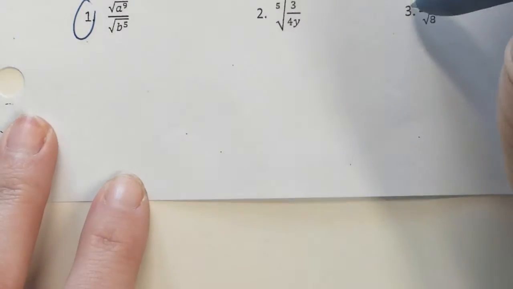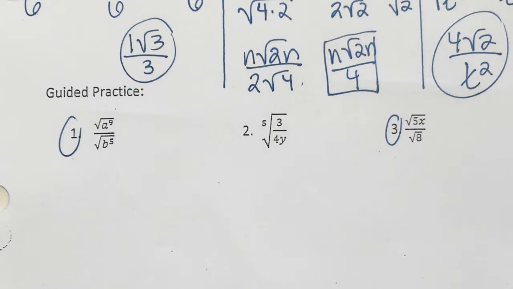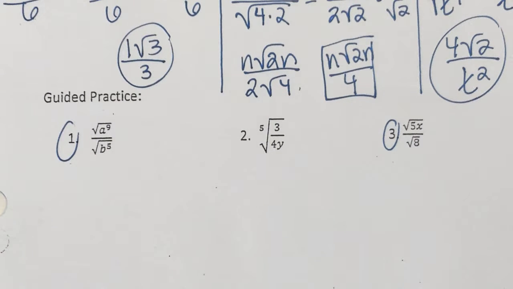Then try just 1 and 3 on your own, under guided practice, just 1 and 3. Don't try to do number 2 because you don't know how to yet. Just 1 and 3.